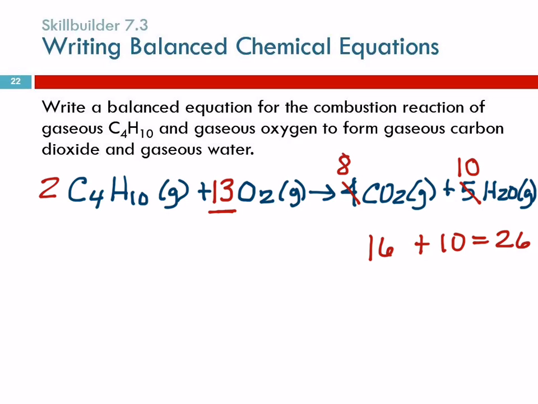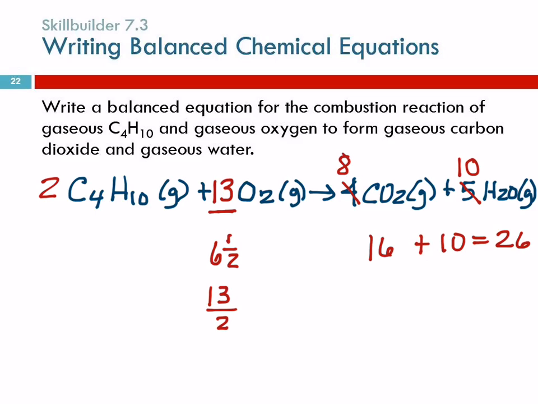Question? I could have used 6.5. So if I had used 6.5 or 13 halves to multiply, I could have balanced it that way. But then this isn't a whole number, this isn't a whole number.